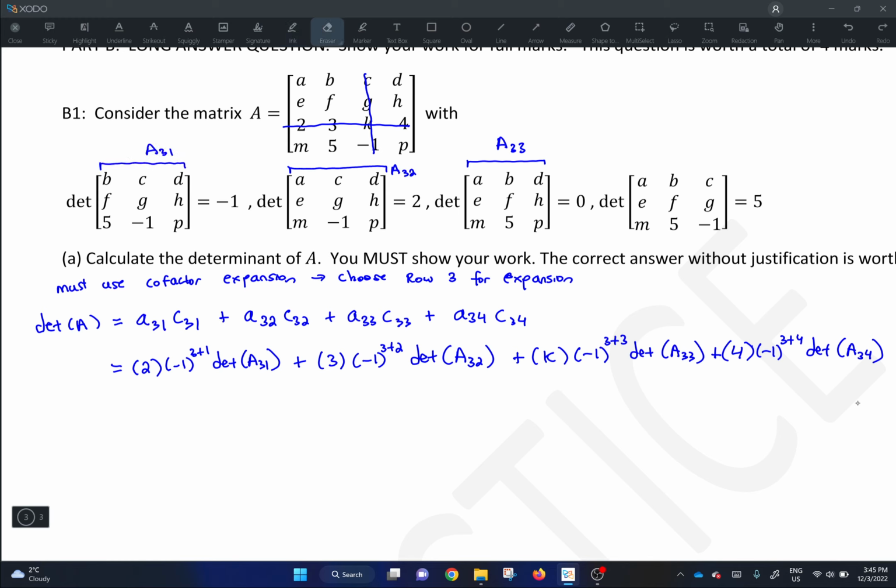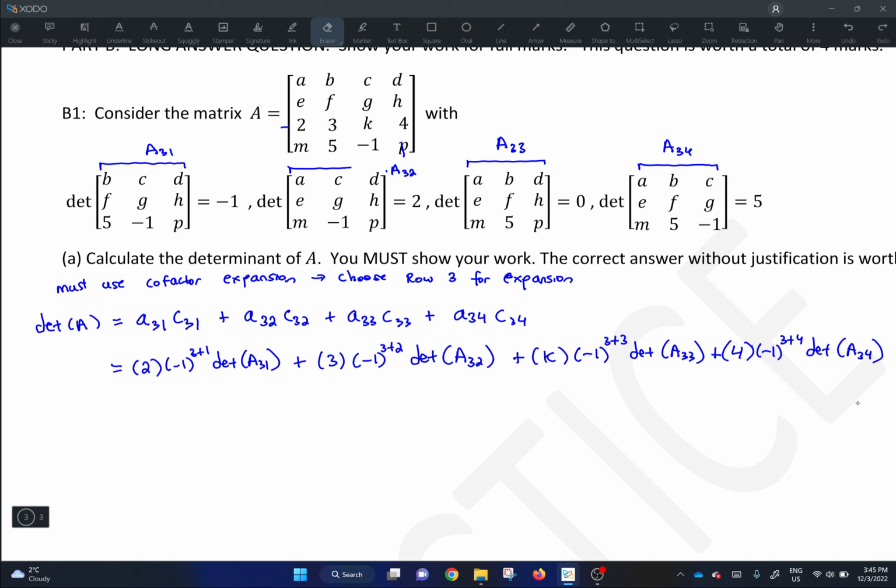Now let's make sure that the last one really is what we need it to be. If we cross out row 3, cross out column 4: A, B, C, E, F, G, M, 5, minus 1. So that is what it's supposed to be, the 3, 4 submatrix.